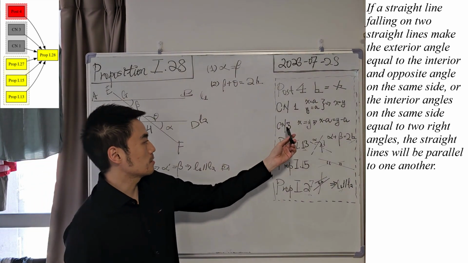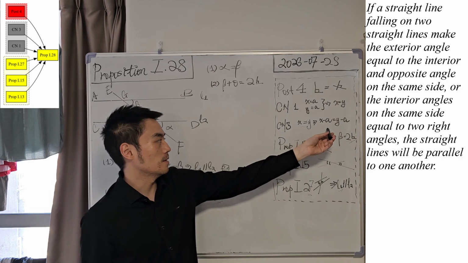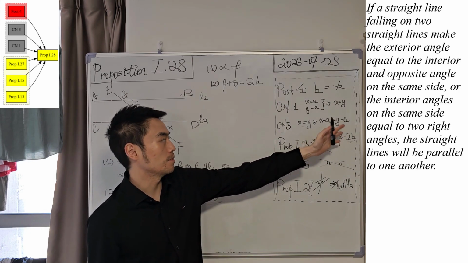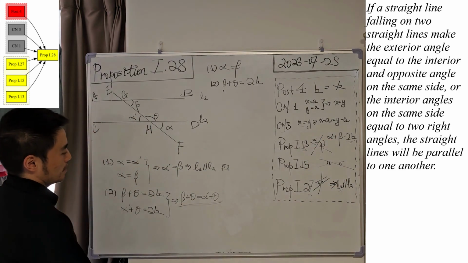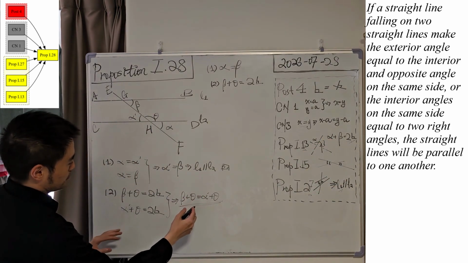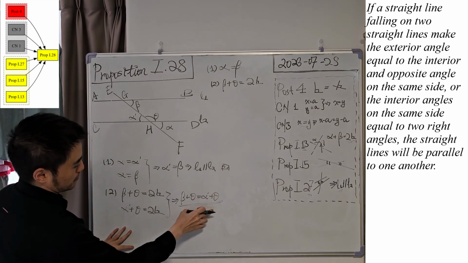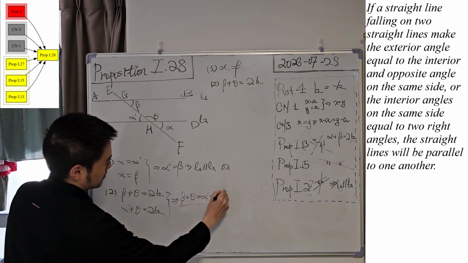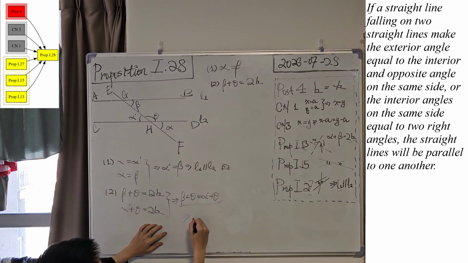And if we use common notion 3, if two things are equal and we subtract the same thing from both sides, the results are equal. So let us subtract angle theta from this equality. Then we have beta equals alpha prime, right?